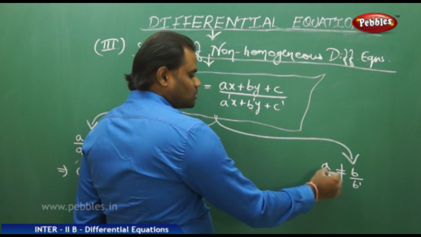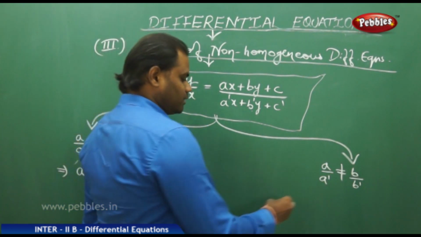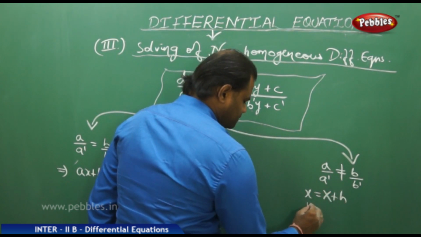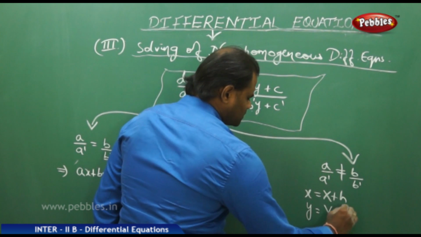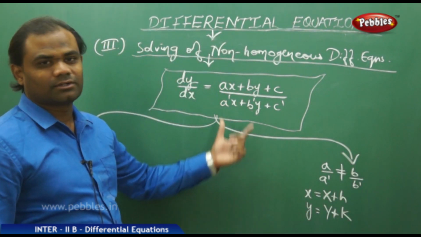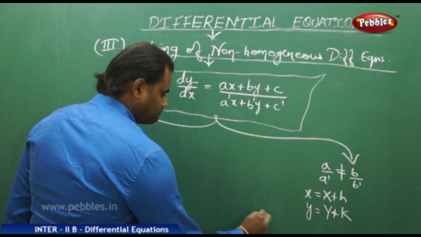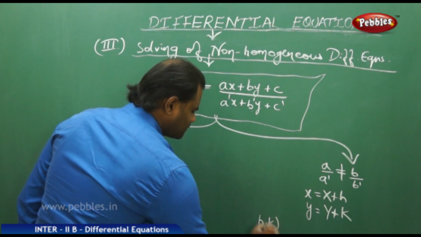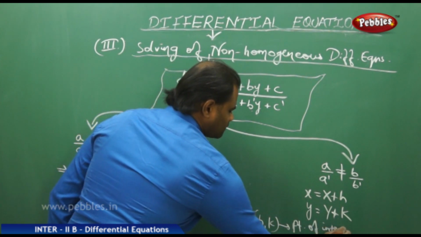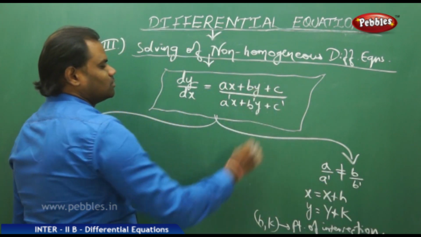And if this is not equal to this, then we proceed with some other process where we substitute x is x plus h and y is y plus k, where h and k is the point of intersection of these two lines. That is how we find the point of intersection of these two lines.